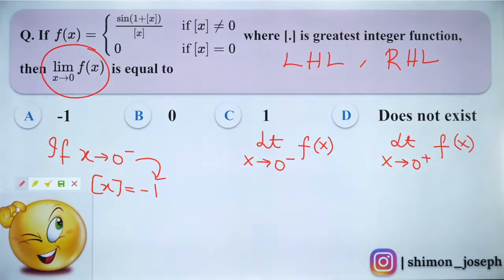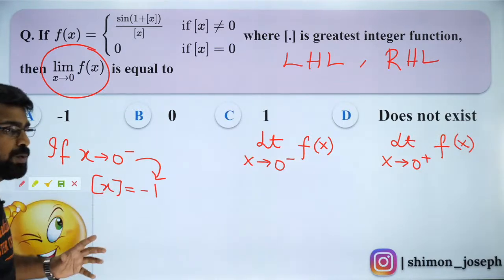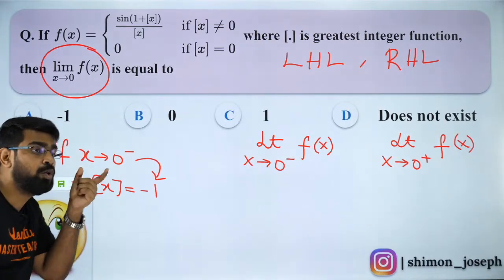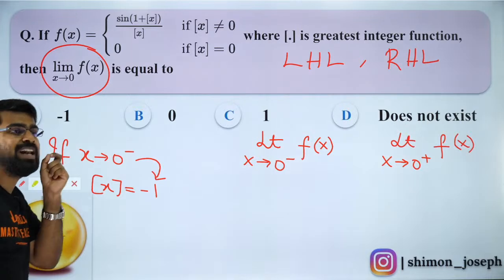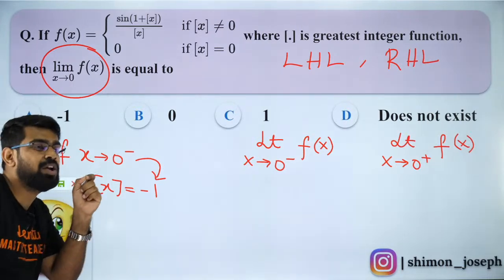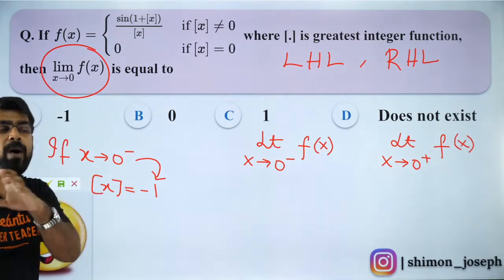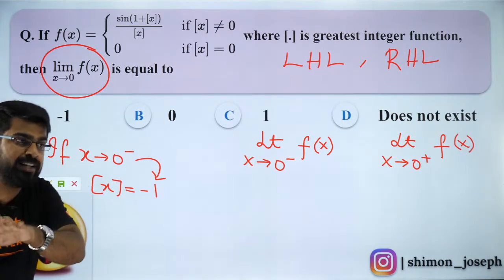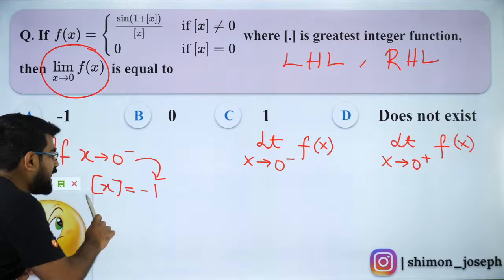For all those who are still wondering how it is minus 1, let me tell you. See, x tending to 0 minus means it is a very small value to the left side of 0. So it will be like x is equal to minus 0.0000001. So the box of minus 0.0000001 is minus 1. So that's why we have this.